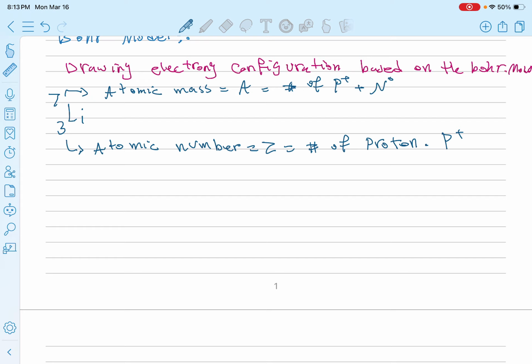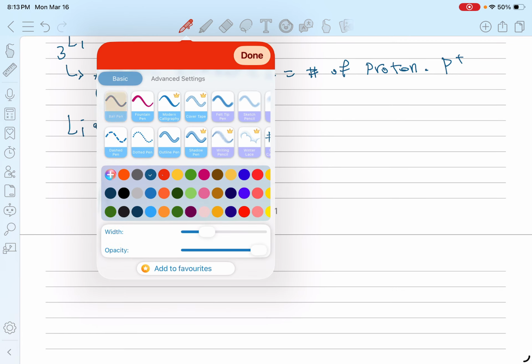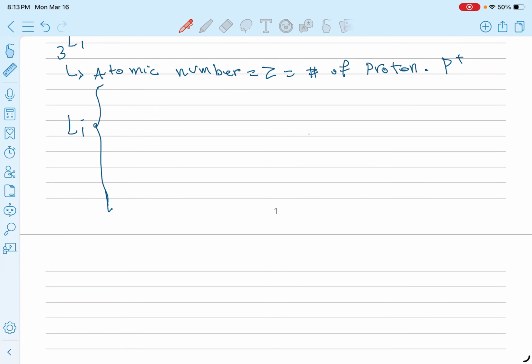You learned in grade 10 that for an atom like lithium, you are able to write down all the subatomic particles. So Z, the atomic number, is 3, and A, the atomic mass, is 7.